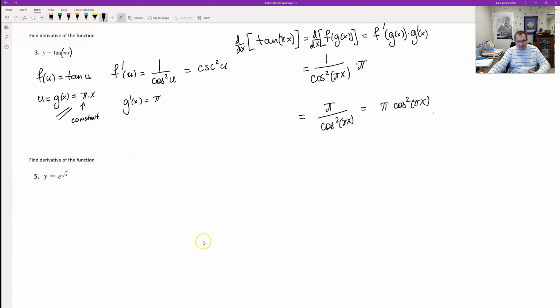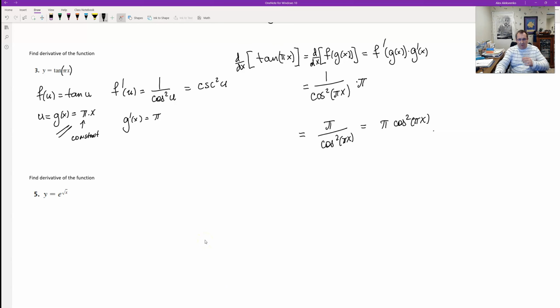Let's consider another one before we go and consider slightly more interesting problems. So again, we would like to find the derivative of a function, and we are looking at an exponential function, natural exponent, e raised to the power square root of x. So the suggested breaking is f of u would be the exponential, and g of x would be the square root of x.